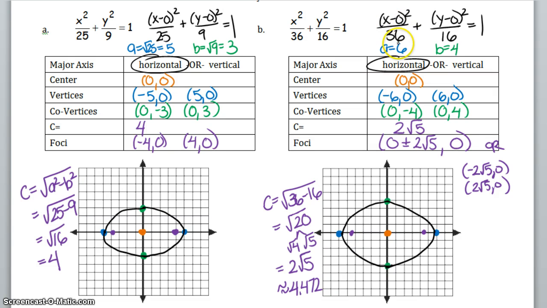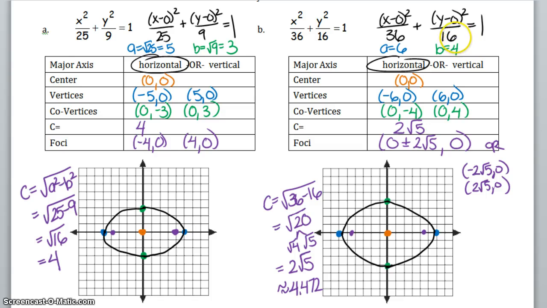Again, you'll notice the 36, the larger denominator, was under x. That's how I knew it was horizontal. My center was 0, 0. And then, because the square root of 36 is 6, from 0, I had to add and subtract 6. Go left and right 6 to get my vertices.